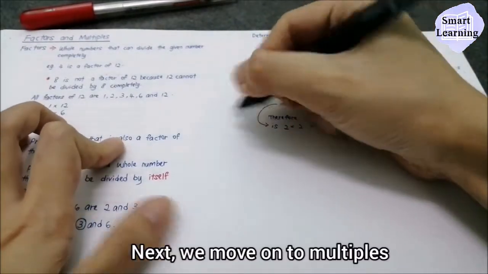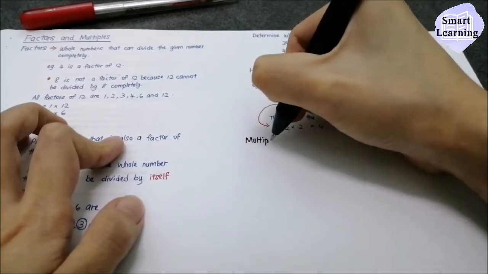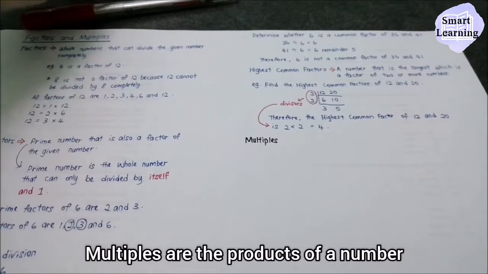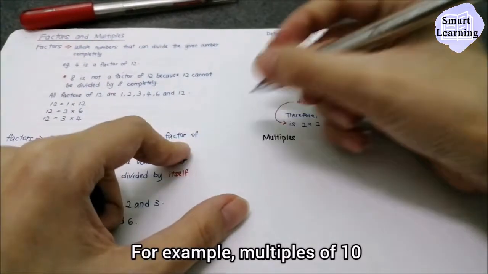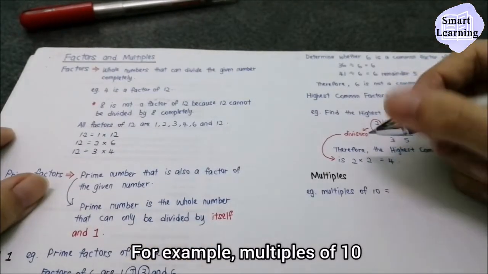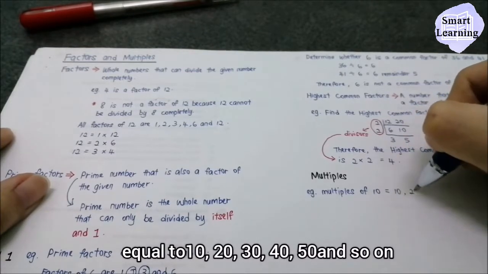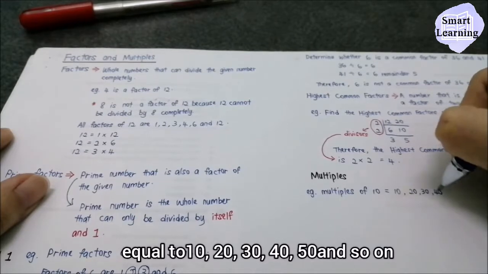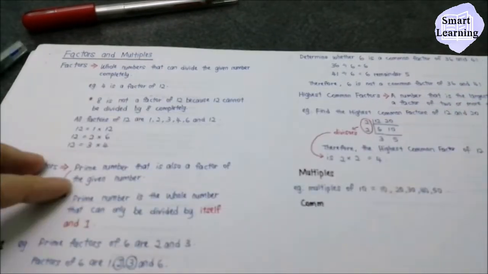Next, we move on to multiples. Multiples are the products of a number. For example, the multiples of 10 are 10, 20, 30, 40, 50, and so on.